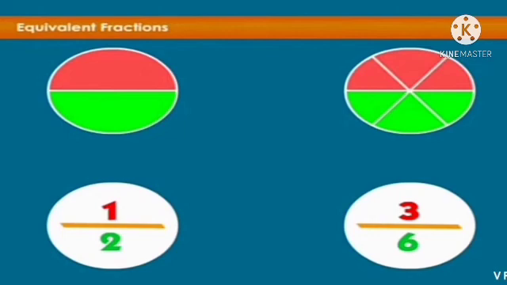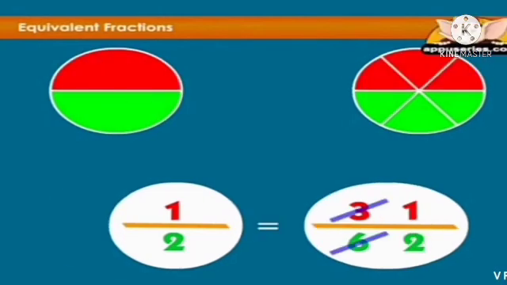So 1/2 must be the same amount as 3/6. When we reduce 3/6, we get 1/2. Yes, these are called equivalent fractions since they are equal amounts.